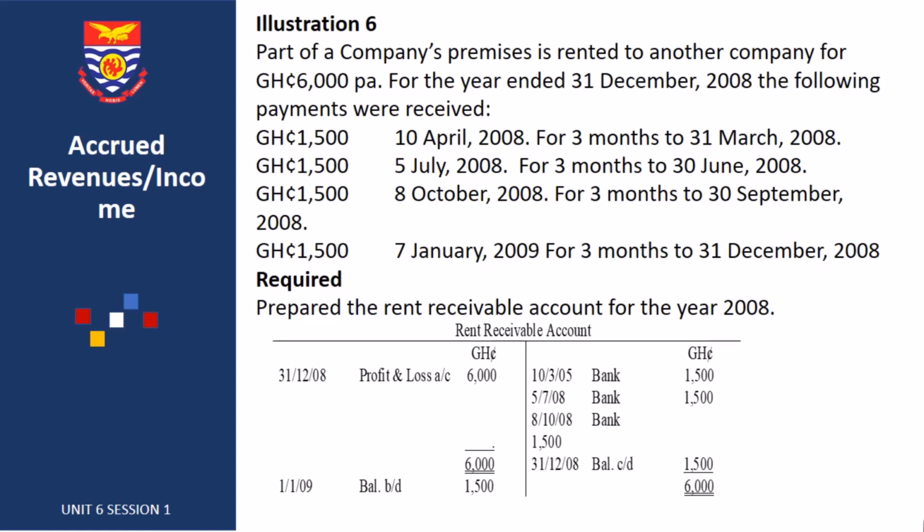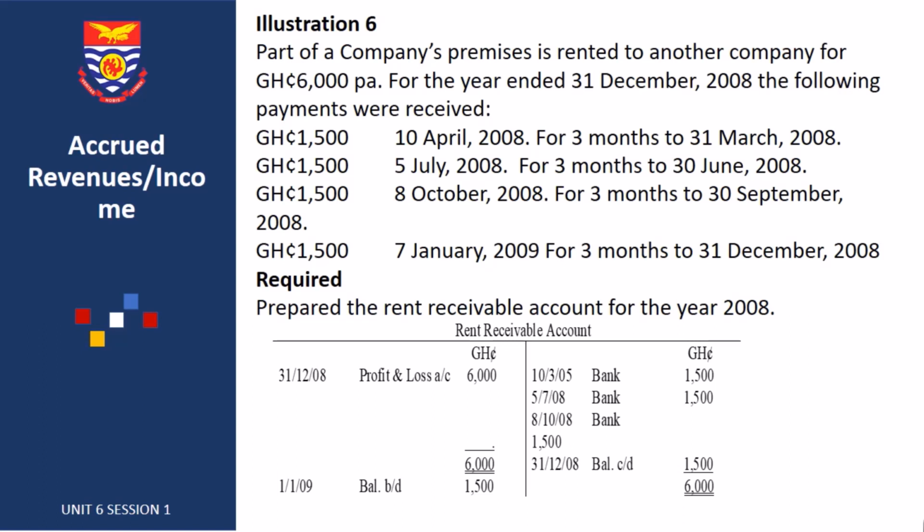So what we should have received in total for the year 2008 will amount to 6,000. So the first payment 1,500, the second payment 1,500, the third payment 1,500, and the fourth payment we expected to receive 1,500, but which was paid the following year.